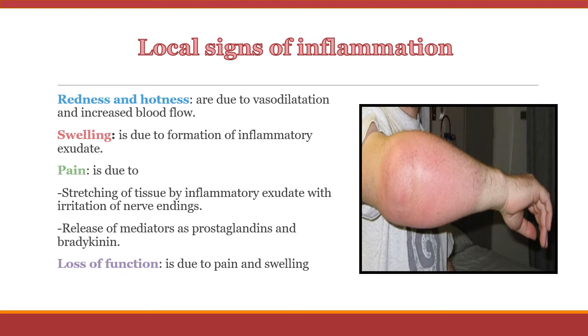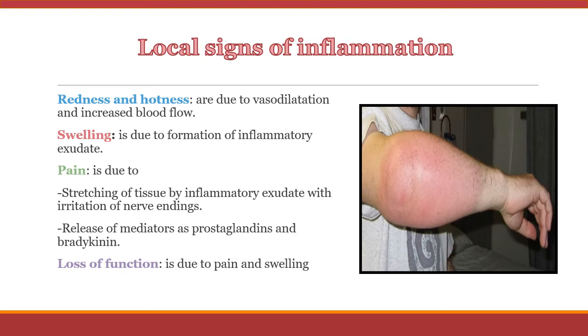The next one of the signs is the swelling. Why do we have swelling? Because, as we previously illustrated, there is formation of inflammatory exudate. We have outpouring of fluid from the blood vessels to the interstitial tissues. So the tissues will have exudates and edema. This is why the area of inflammation will be swollen.